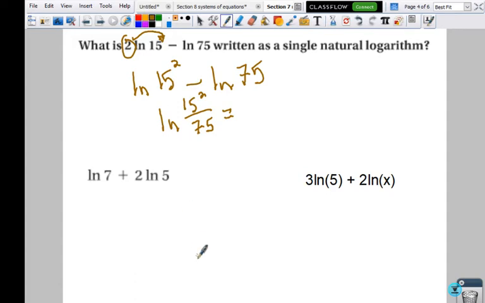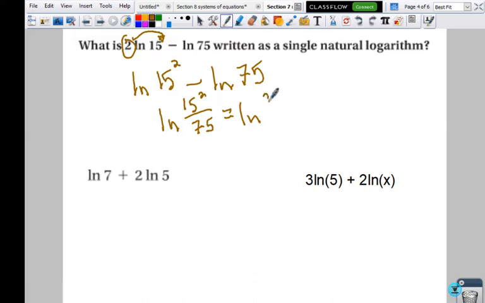And after I do that, I want to keep simplifying it because I can just plug 15 squared into Desmos, right? So 15 squared, that's 225.